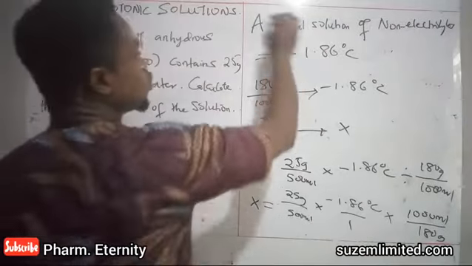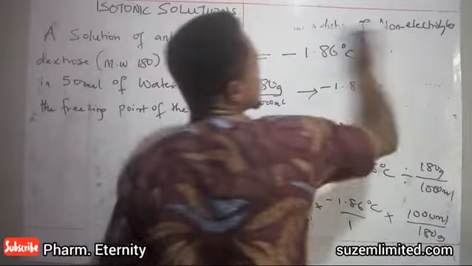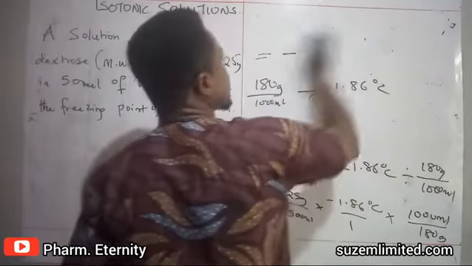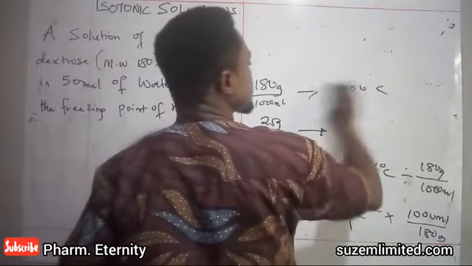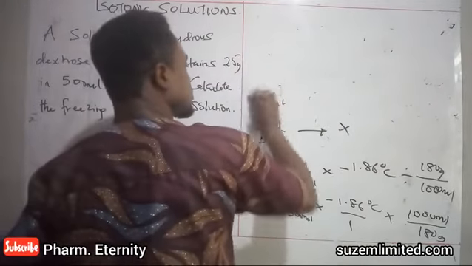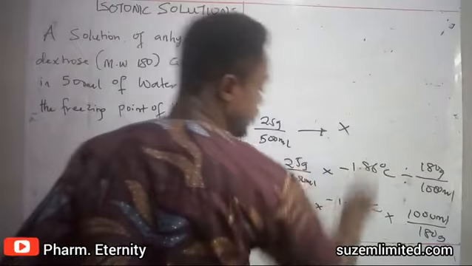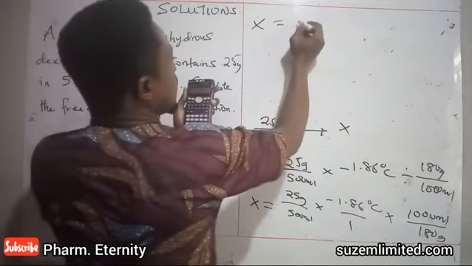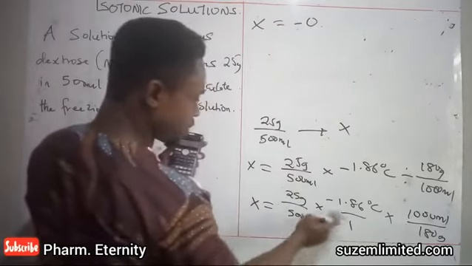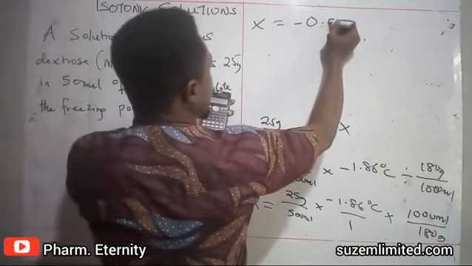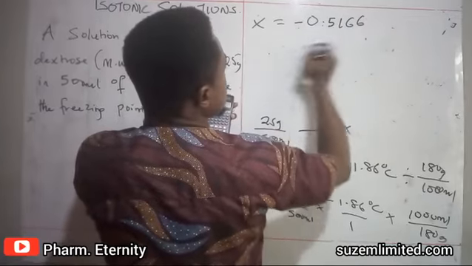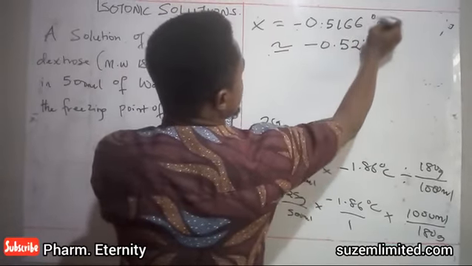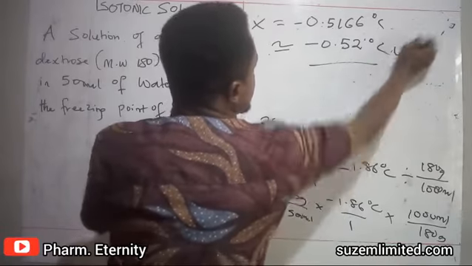So let me clean up so I can accommodate the answer here. We now have that x is minus 0.5166, approximately minus 0.52 degrees Celsius.